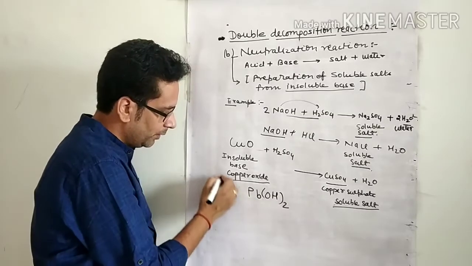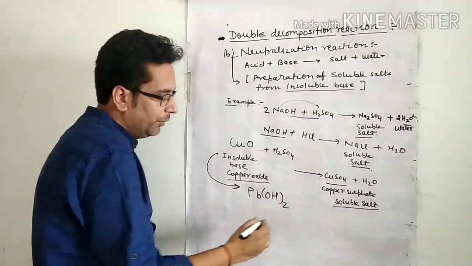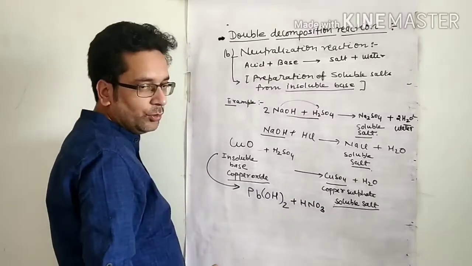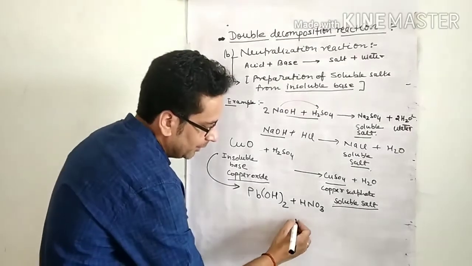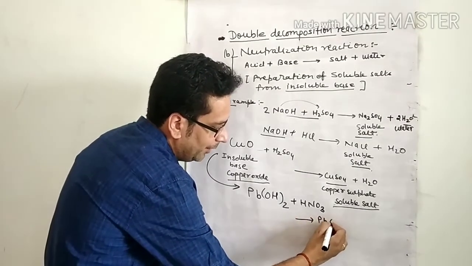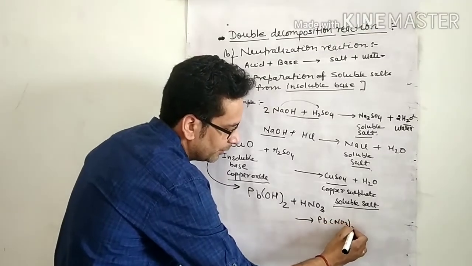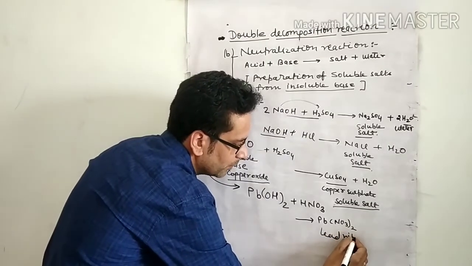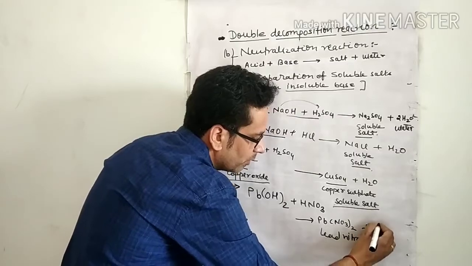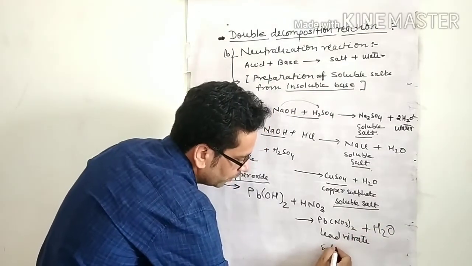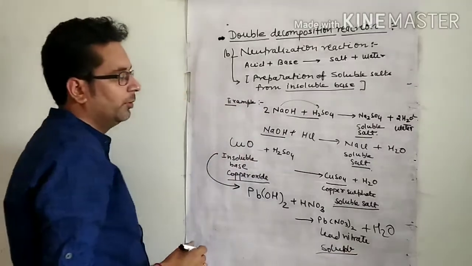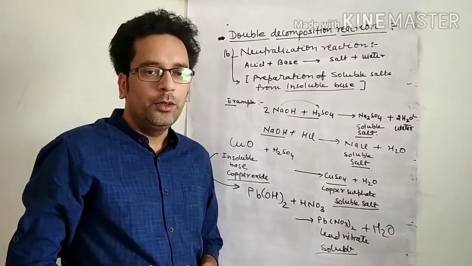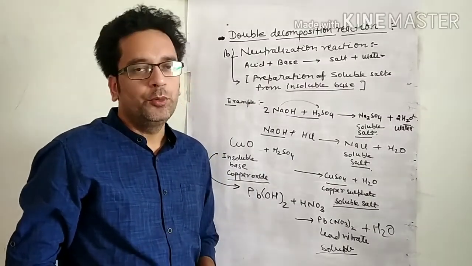It is also an insoluble base. When it reacts with HNO3, dilute nitric acid, there is formation of lead nitrate and water. It is also soluble. So these are the examples of neutralization reaction, and overall double decomposition reaction.